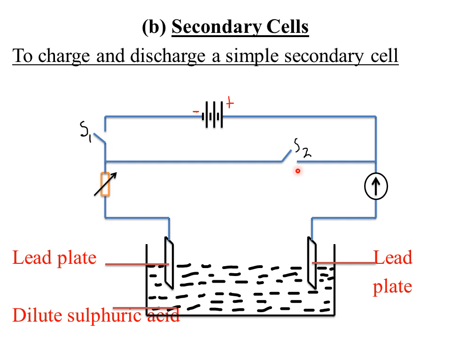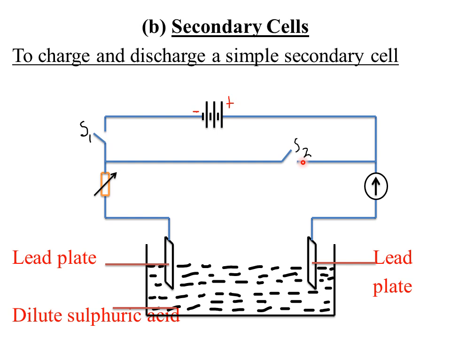When S1 is open and S2 is closed, the cell is discharging, that is, passing current to an external circuit, because the current passes through this. So that is the process of discharging.